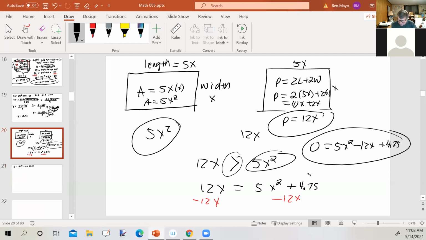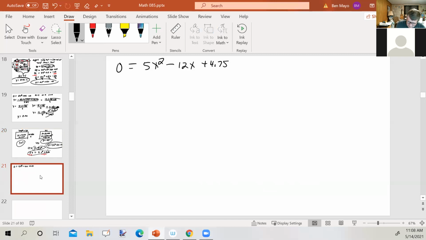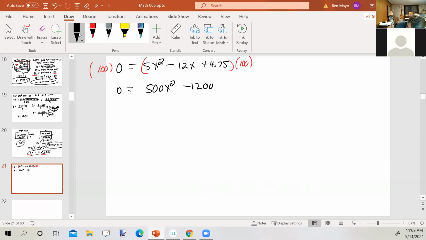So again, I subtracted 12x from both sides. Got that. I'm going to multiply both sides by 100 to clear the decimals. So I get 0 equals 500x squared minus 1200x plus 475.